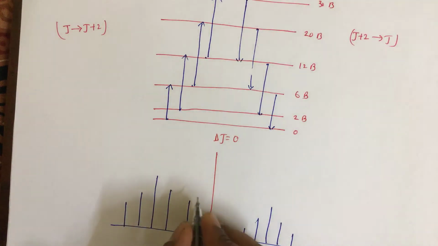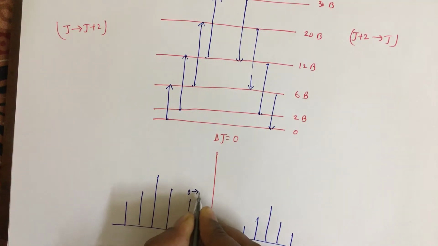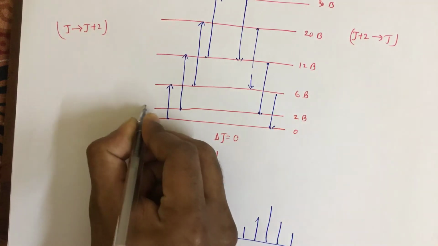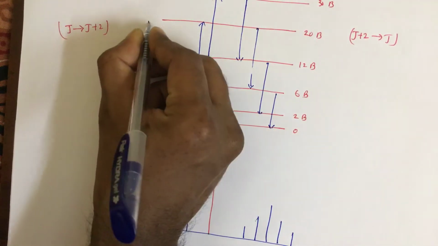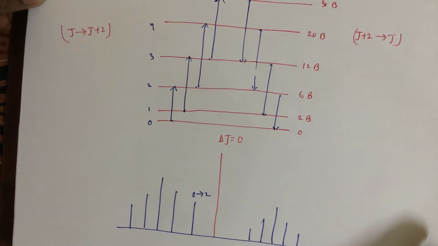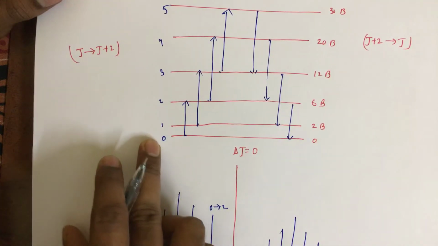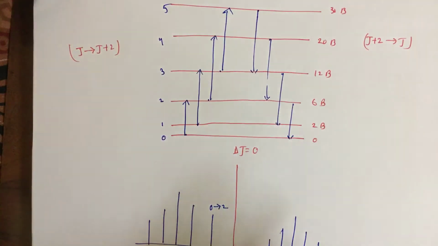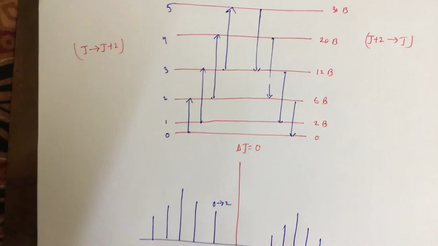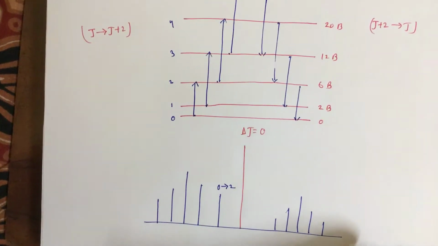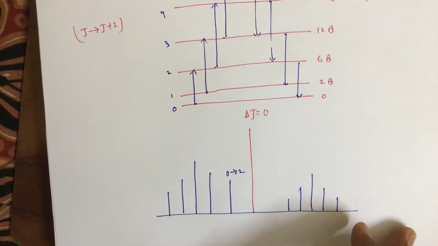So this will be a transition from 0 to 2. We can make this 0, 1, 2, 3, 4, 5, so we can make this energy state 0, 1, 2, 3, 4, 5. Like that, if you see here, I think it's clear.